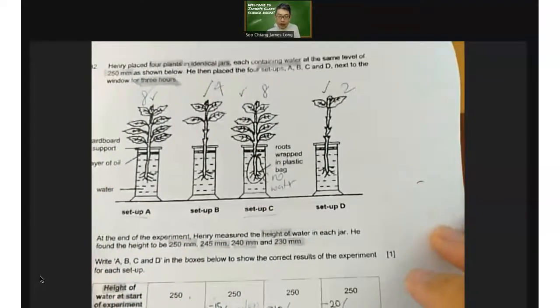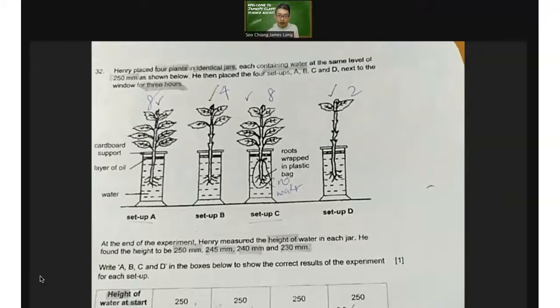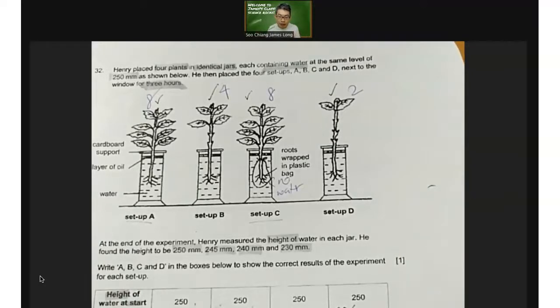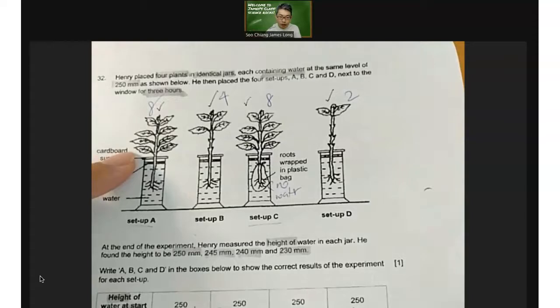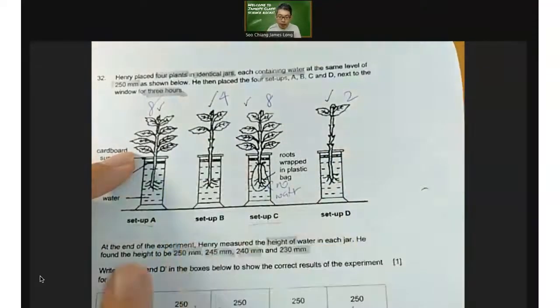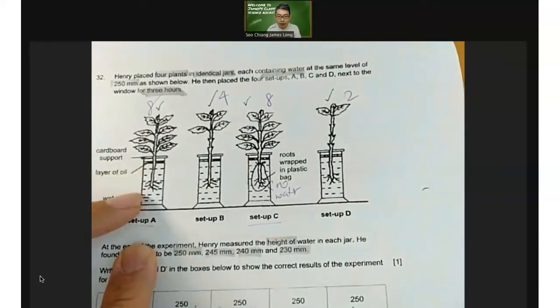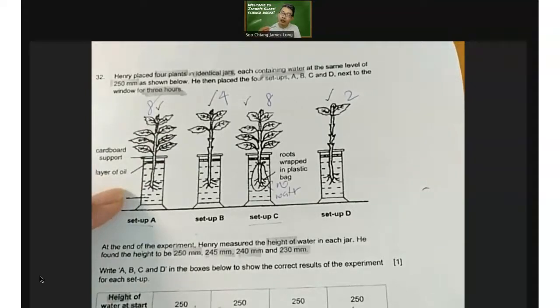Next one. Which one has the highest rate of evaporation? That will be this one, A. It has the most number of leaves, most chlorophyll, so the rate of evaporation will definitely be higher than these two. So A would have the least water left. More leaves also means more stomata, more loss of water through the stomata as water vapor.